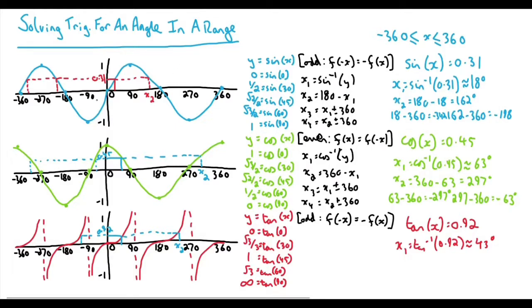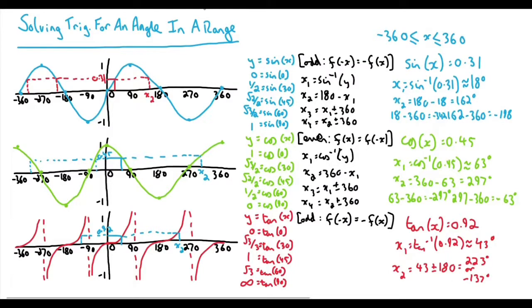Therefore, whereas with the sine and the cos we have pairs of values within a loop which then repeats every 360, for tan, all you have to do is take your first value and then just plus or minus 180. So in this case, that's either going to get us 223 or minus 137 degrees.